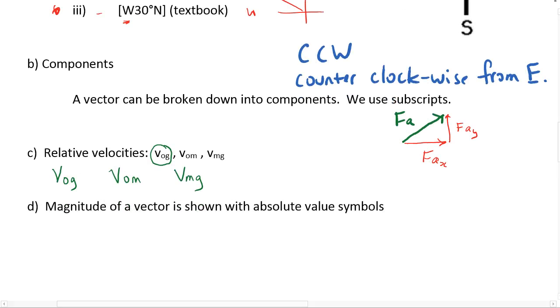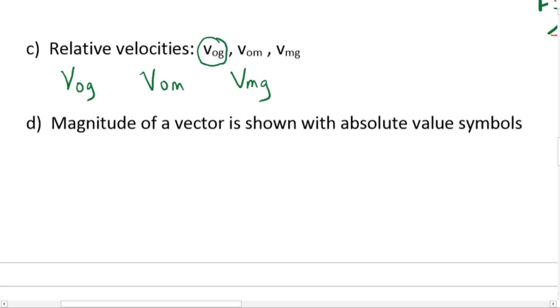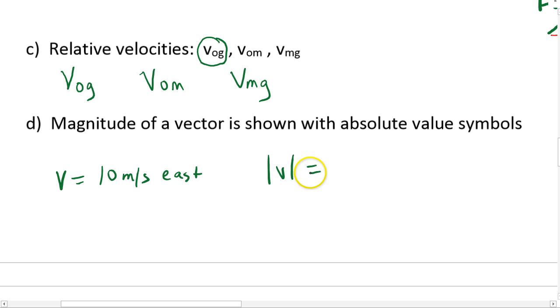The other thing about vectors is that if we only want to talk about the magnitude of a vector, then we put absolute value symbols around it. So let's say I had a velocity v of 10 meters per second east. If that's the definition of this vector, then the absolute value of v would just be 10 meters per second.